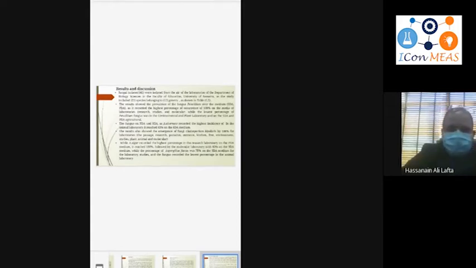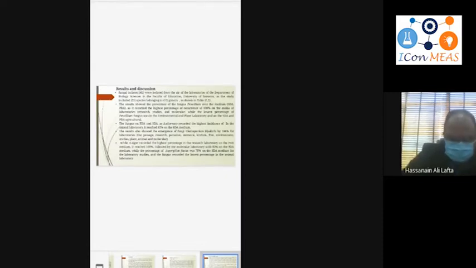The results showed the prevalence of the fungus Penicillium over the media SDA and PDA, as it recorded the highest percentage of occurrence of 100% on the media in the research, studies, and molecular laboratories, while the lowest percentage of Penicillium fungus was in the environmental and plant laboratory on the SDA and PDA media.